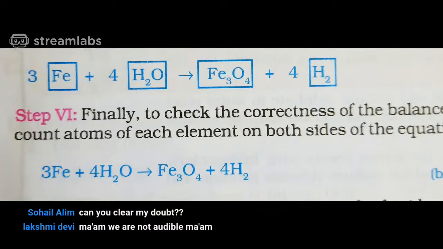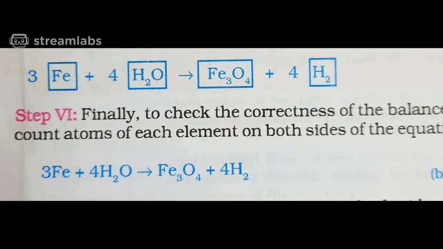Now how many hydrogen are there at the RHS? Again 4 2s are 8. Now in front of the oxygen at the LHS it is 4, and at the RHS it is 4. Now it is completely balanced.